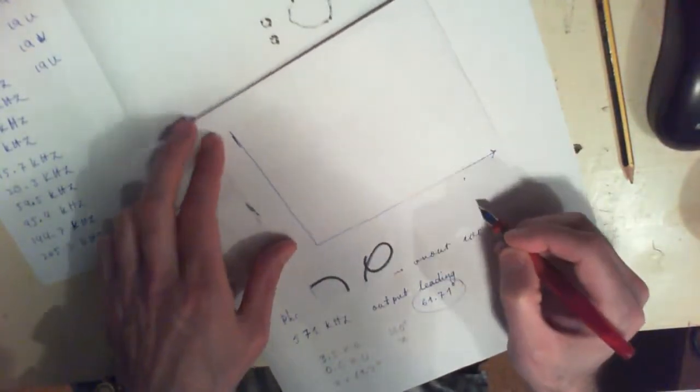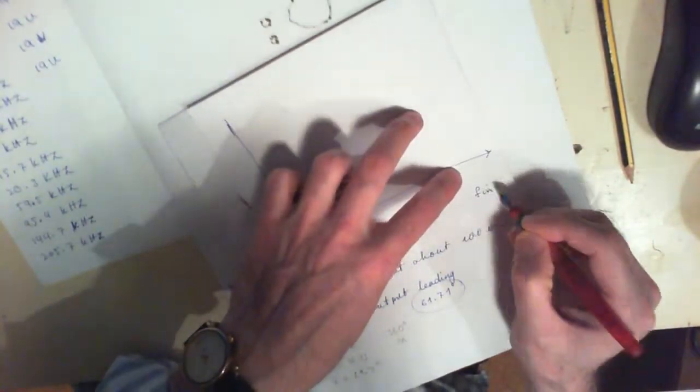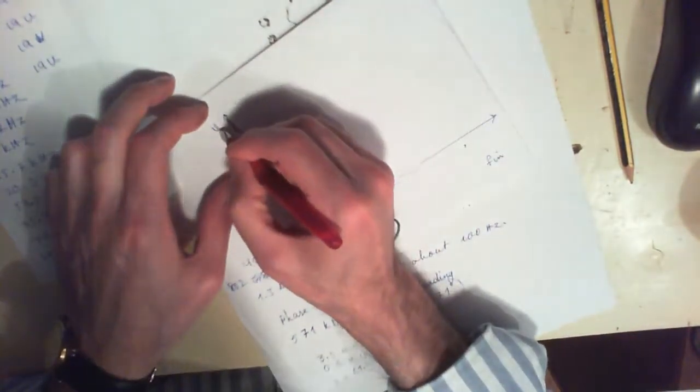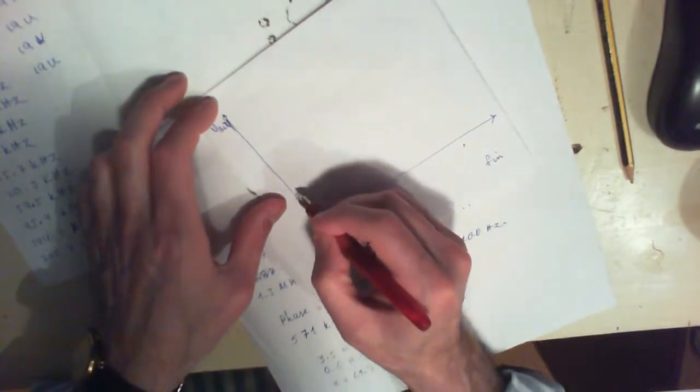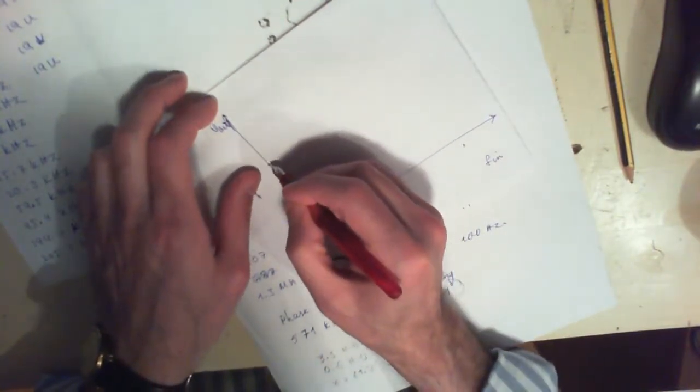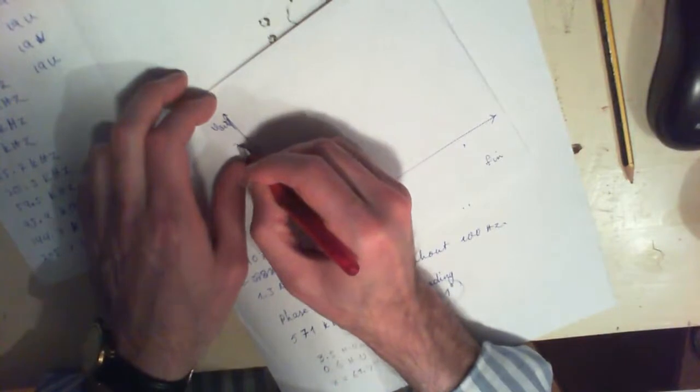This is your F of in, this is your V of out, and this axis is 2, 4, 6, 8, 10, 12, 14, 16, 18, and 20 volts peak to peak.